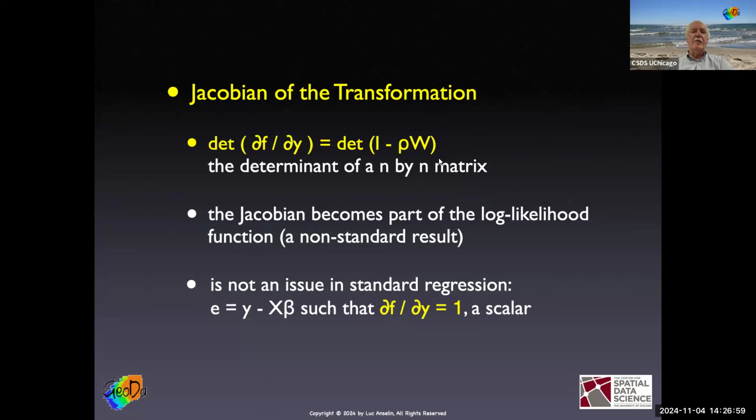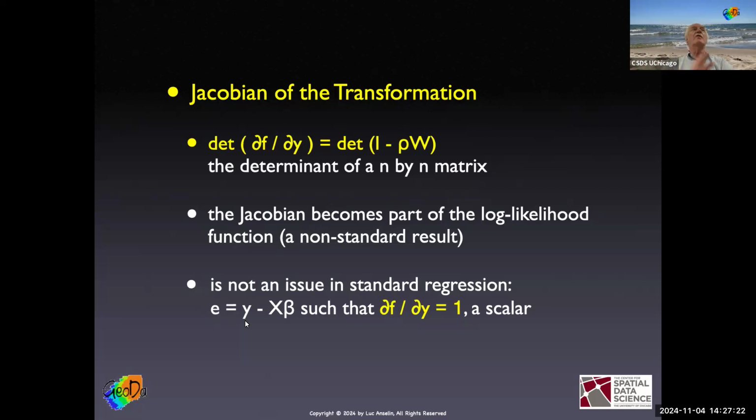Then you're in trouble. So the Jacobian enters the log likelihood. Why have you never seen this if you never had done spatial analysis? Because in regular likelihood, it doesn't matter. In regular likelihood, this partial derivative is 1, so it's not an issue. It's a 1-for-1.